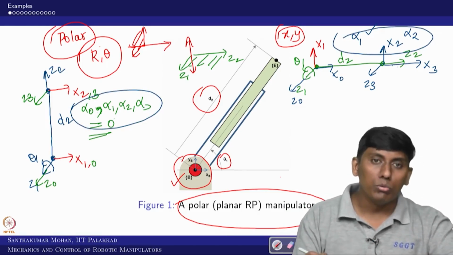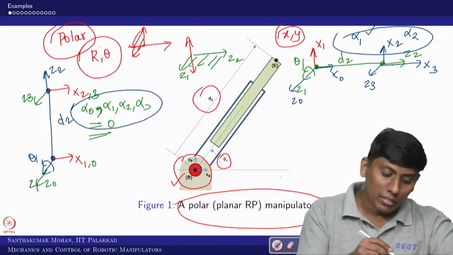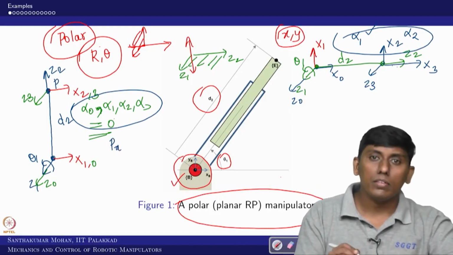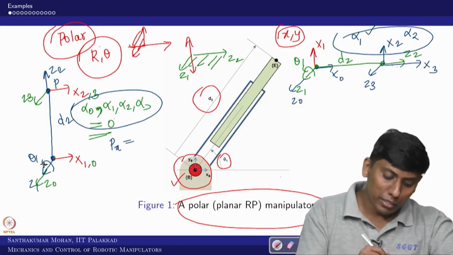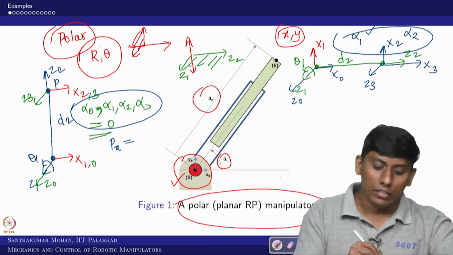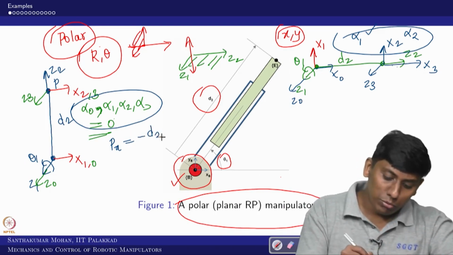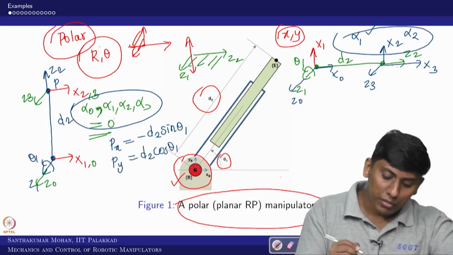Further, if you want to think about your forward kinematics, I assume that this is the point P. What can you expect for Px from here, because this is 0 degree, right? So what would be the Px? Px is minus d2 sine theta 1 in this case. What would be Py? Py is d2 cos theta 1, right.